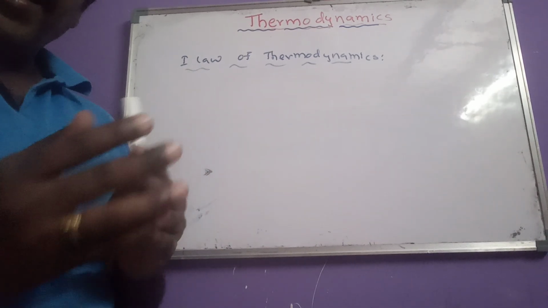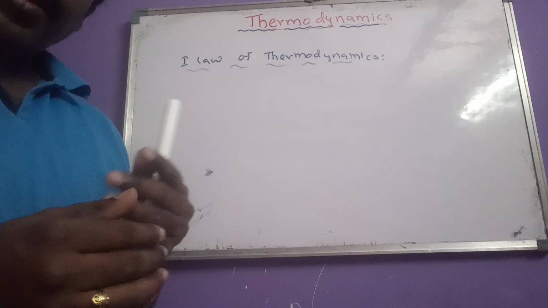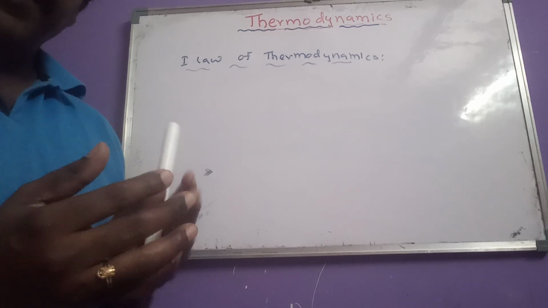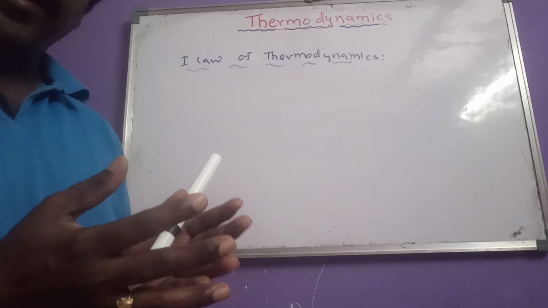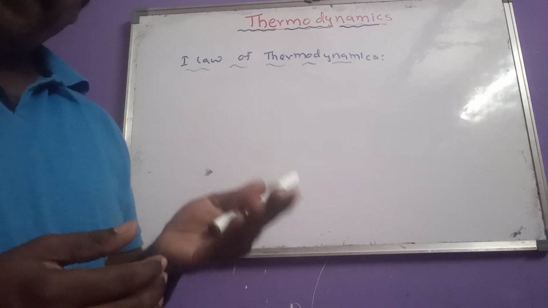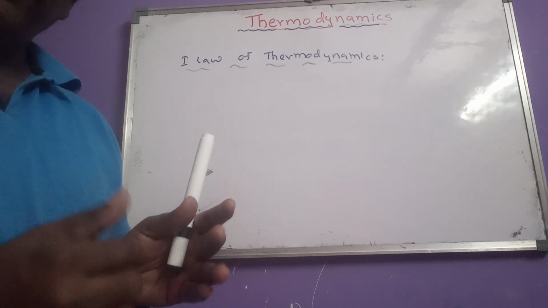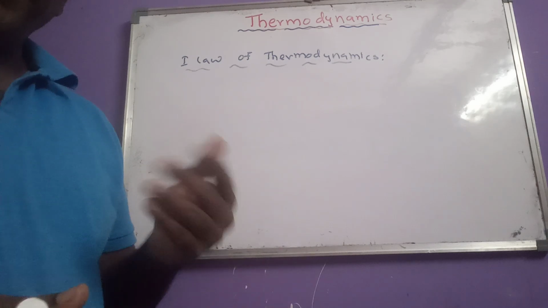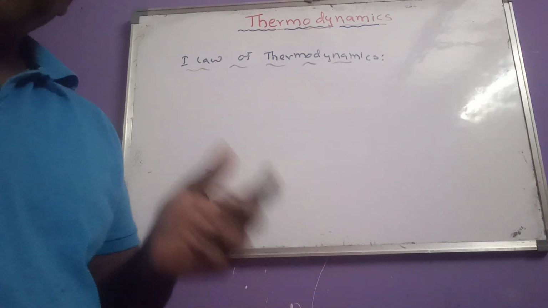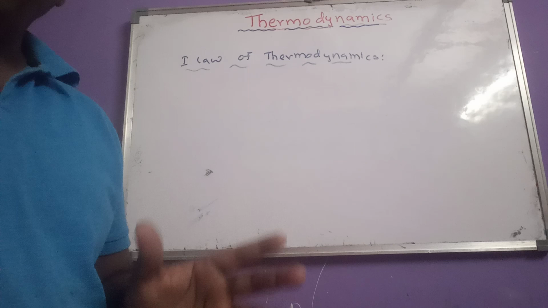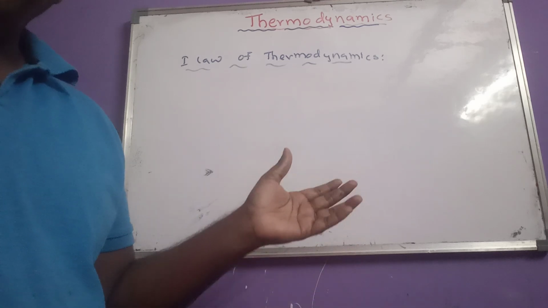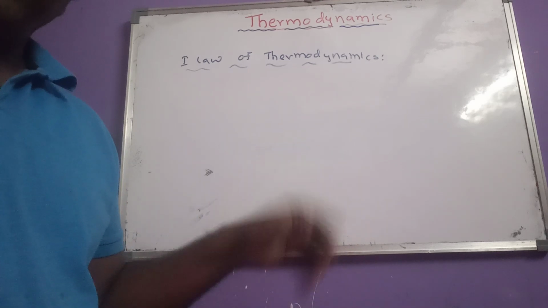If A and B are isothermal with one another, and B and C are isothermal with one another, then A and C are also isothermal with one another. If A equals B, B equals C, therefore A equals C. So that is not much more important for us, the zeroth law.